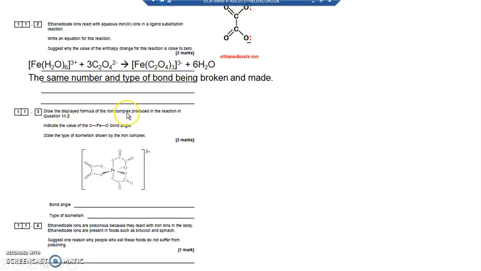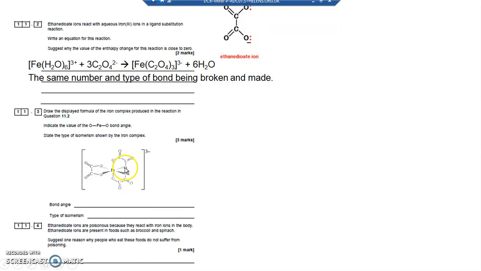Draw the displayed formula of the ion complex produced in the reaction. So what I've got is 3 of these around a central ion. I've actually just drawn it here as an octahedral structure, but you don't really need to do that. You can just draw it flat if you want. I've got an Fe, and I've got an ethane dioate ion here with a bond between the Fe and the O's.